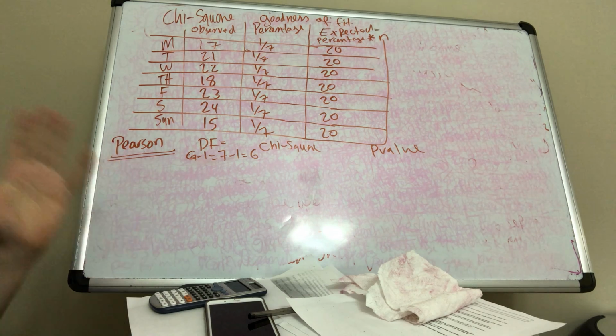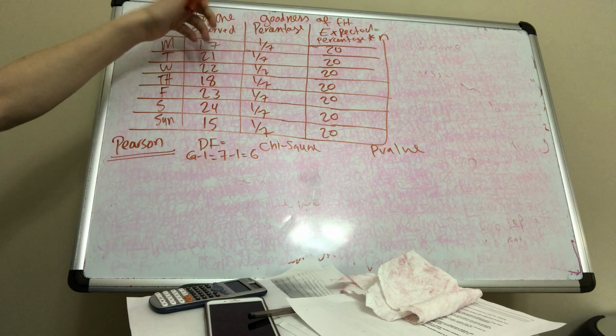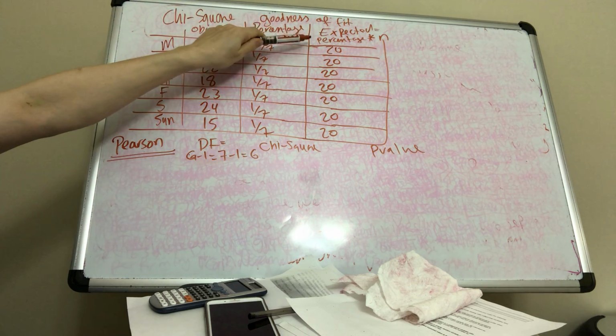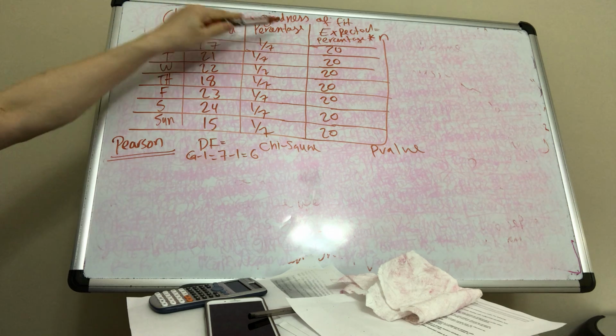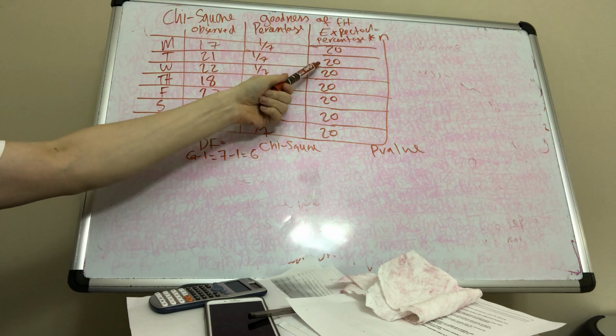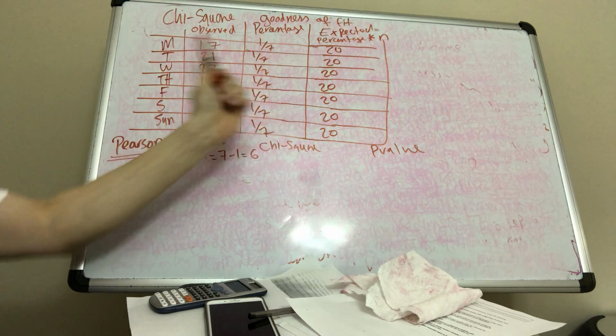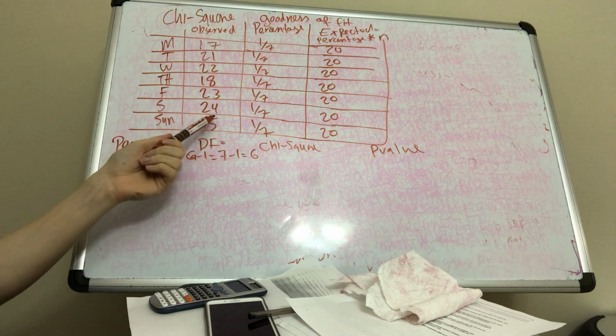The idea of goodness of fit, they tell you that it's equally likely. So they expect in a sample, like if they do a study on a sample of 140, they expect 20 crimes to be on Monday. They expect 20 crimes to be on Tuesday, 20 on Wednesday. This is what they expect. But this is what they observed.